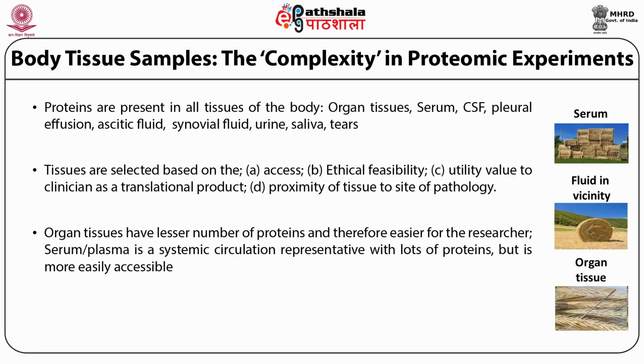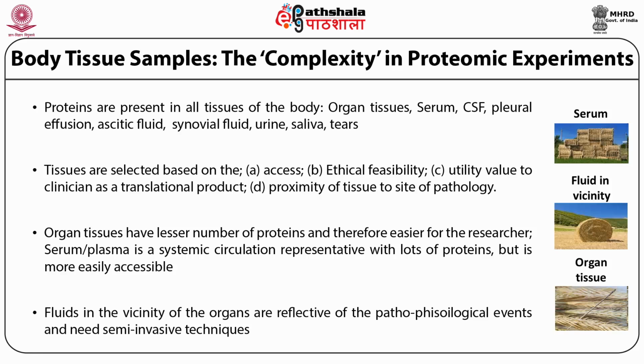Therefore, the bargain between the two would be to do research using fluids in the vicinity of the organs that are more reflective of the pathophysiological events and need semi-invasive techniques. So, as we see in the figure, the clinicians would want the biomarkers to be in the serum, whereas for the researcher, identifying the biomarker is that much easier on the organ tissue, akin to finding a needle among a few straws of hay.